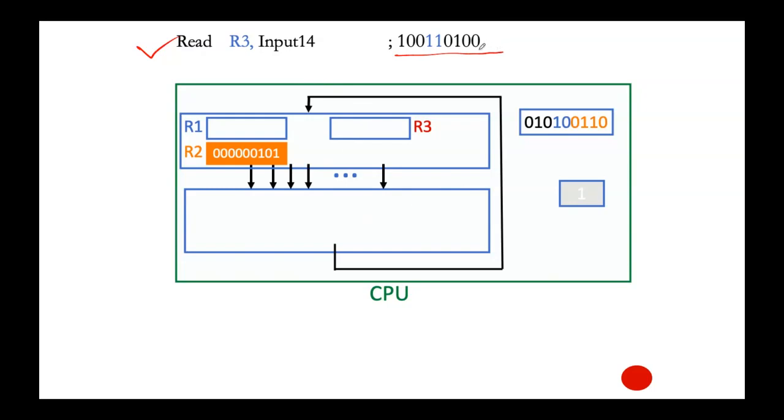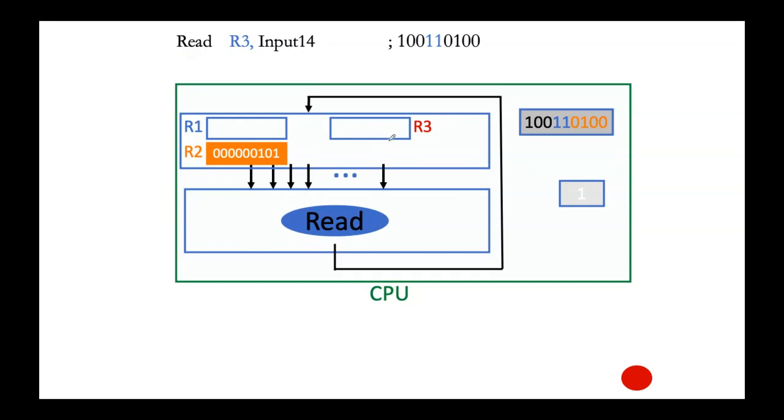It must be fetched and stored in the instruction register, and then the decoding part happens. In the decoding, it is the read one, so the read operation should be performed. For that read operation, one operand is from R3, and another one is the input one.